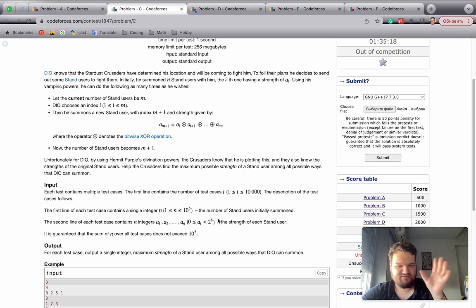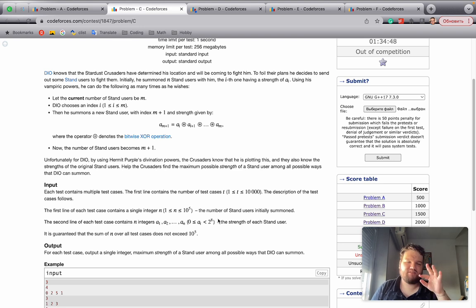So after we write all the XORs we can have, we can iterate over all the prefixes, and then for every pair of prefix and the other value of prefix XOR, we can update the answer. So that would work in number of prefixes times 2 to the 8th, so it's sum of n times 2 to the 8th.